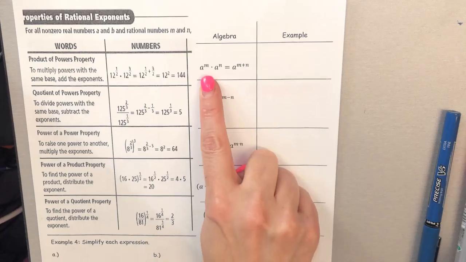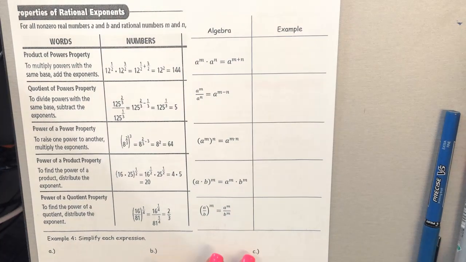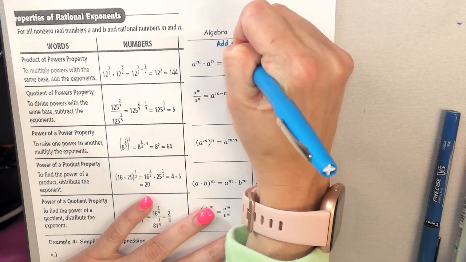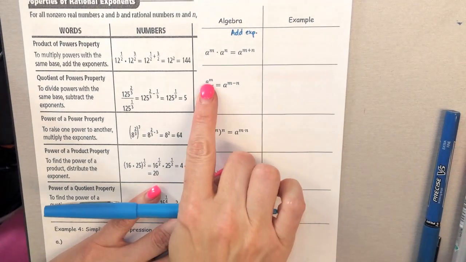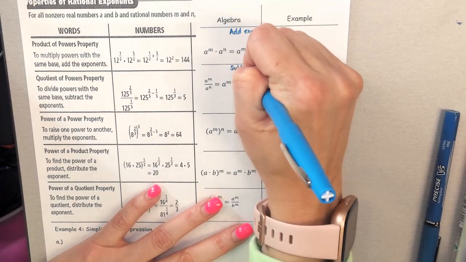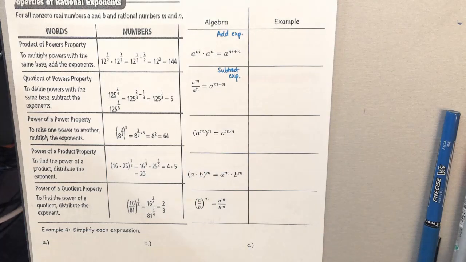The algebra is if you have the same base and you're multiplying, then you are going to add your exponents together. If you divide, you are going to subtract your exponents. Okay, and they have to have the same base.